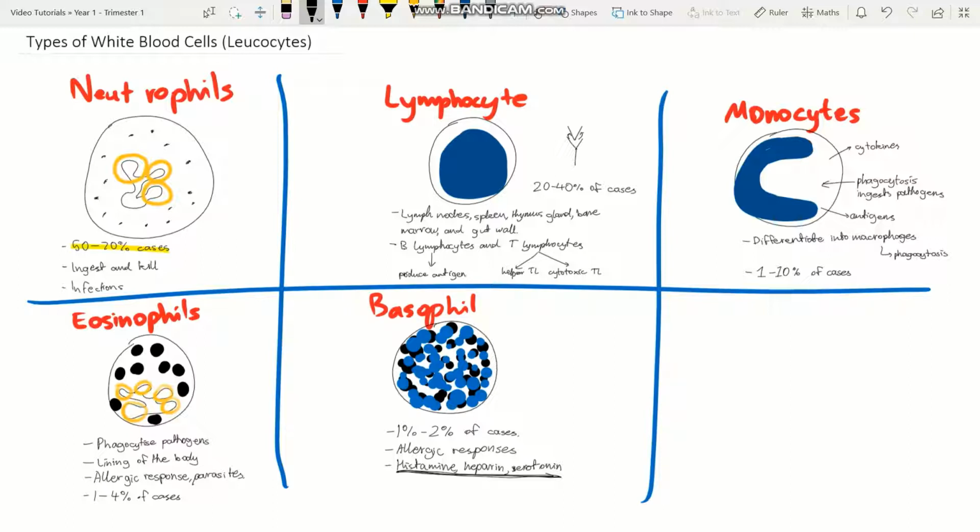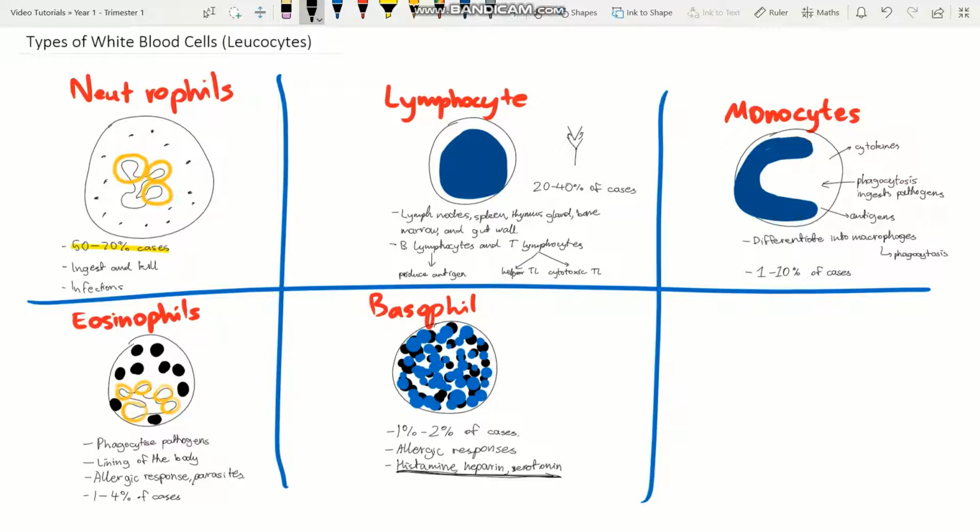Then we looked at monocytes. These have a crescent-shaped nucleus and are present in phagocytizing pathogens and also presenting antigens. And also, they are able to differentiate into macrophages, which is our fourth type of leukocyte. And this cell is also involved in phagocytosis.